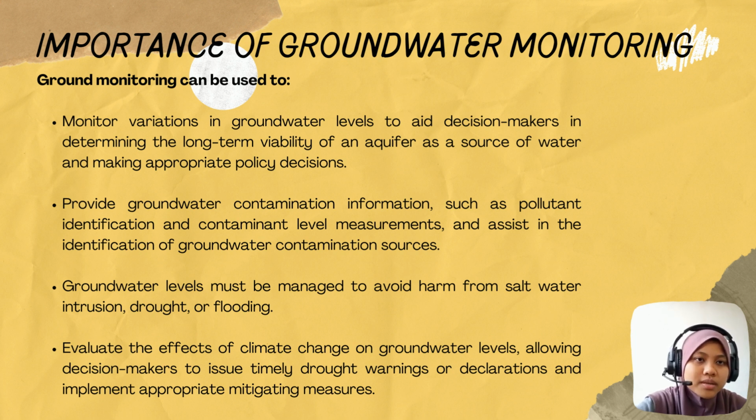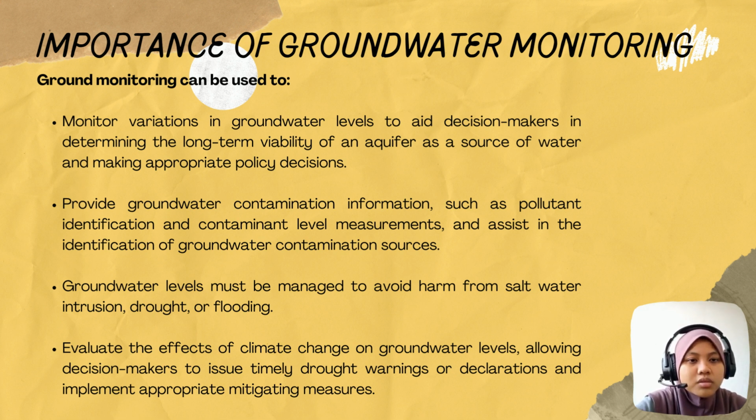So this is the importance of groundwater monitoring. Groundwater monitoring can be used to monitor variations in groundwater levels to aid decision makers in determining the long-term viability of an aquifer as a source of water and making appropriate policy decisions. After that, it provides groundwater contamination information such as pollutant identification and contaminant level measurements, and assists in the identification of groundwater contamination sources.